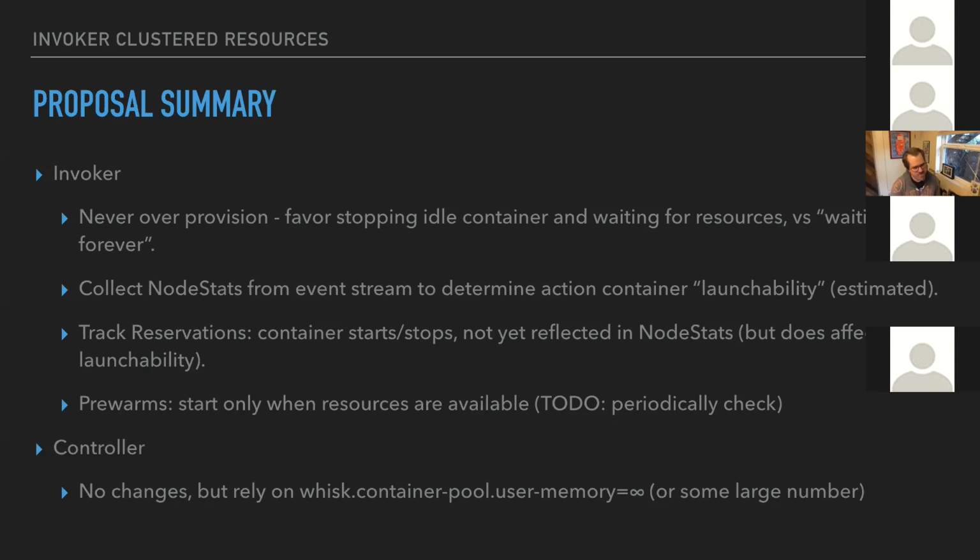We need to track reservations because there's going to be delays between when you ask a cluster manager to launch a container and when it's actually scheduled and reflected in the stats on the nodes where the container is actually launched. So this is something that the cluster managers will do internally, but we can do the same thing so that we can make decisions quickly inside the container pool about whether we can launch a container.